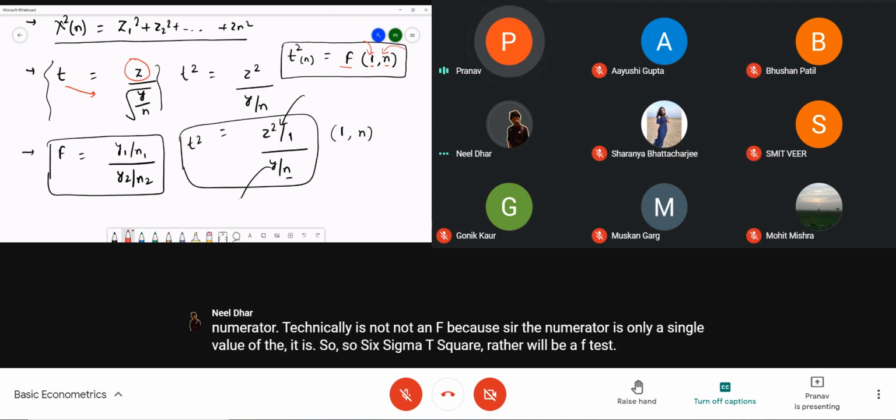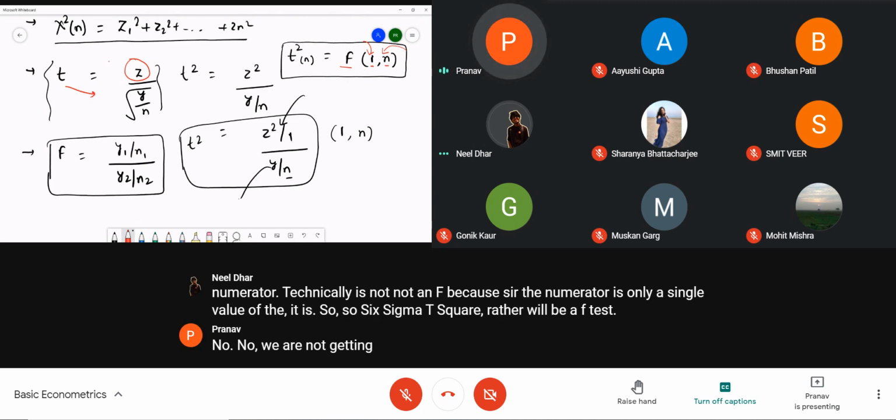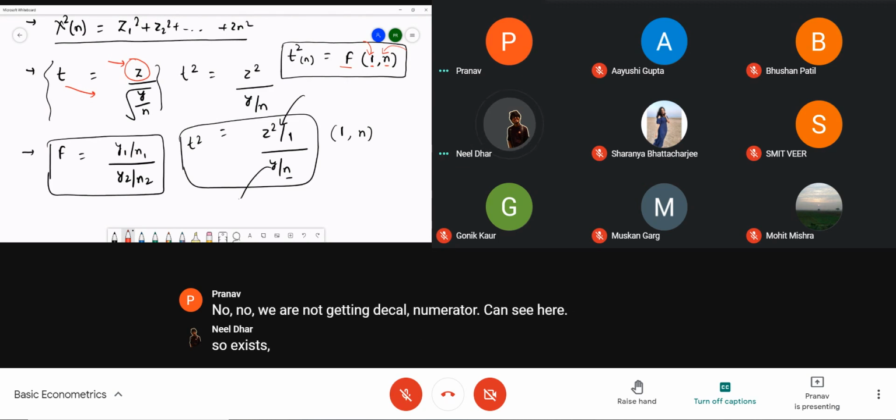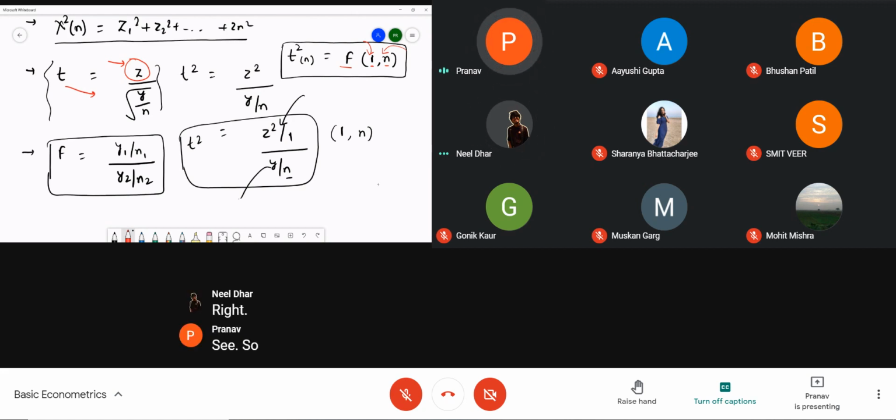No, you're not getting it. What is the numerator of T? Z. Sir, a single Z stat. Correct. So the numerator of T is a Z variable. Okay? When you square a Z variable, it follows a chi-square distribution.